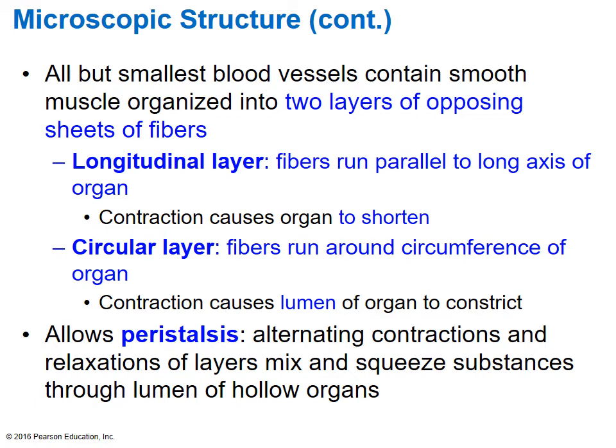So this will come into play, for instance, as the food is moving through your intestines. We can make the lumen smaller or larger, controlling how much mixture of digestive enzyme the food comes in contact with. When it comes to smooth muscle and the digestive system, you will also see the term peristalsis quite a bit.